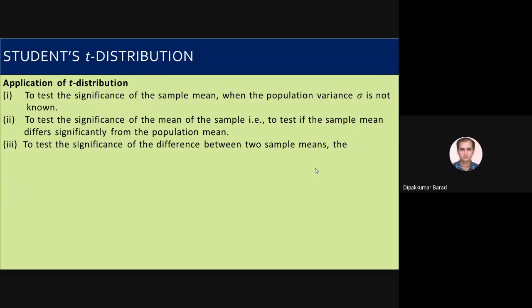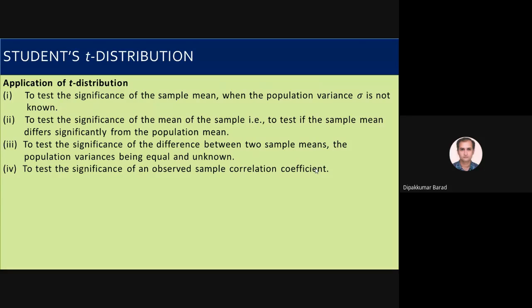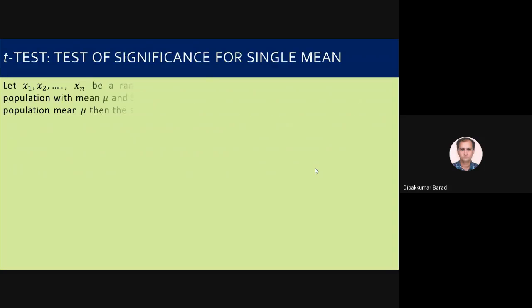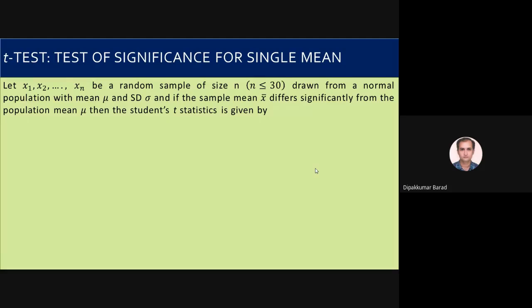We can also test the significance of the difference between two sample means, the population variances being equal and unknown, and test the significance of observed sample correlation coefficients. So first, now the test of significance for a single mean.